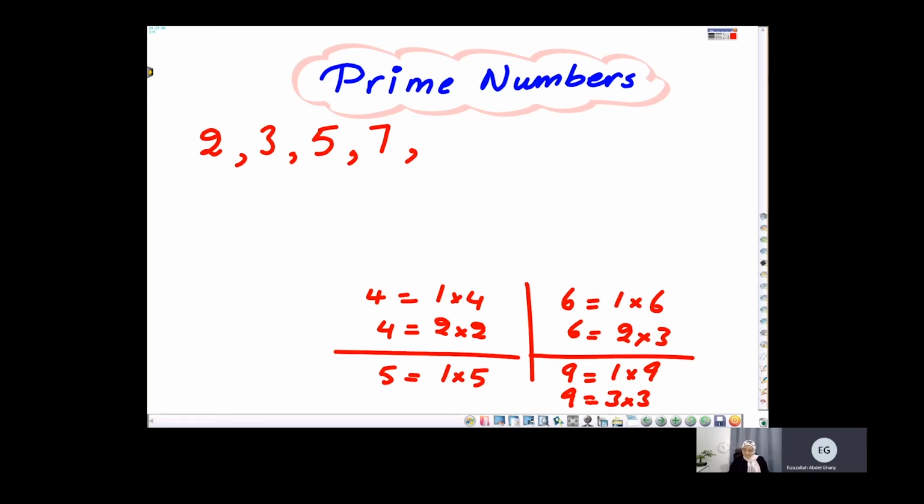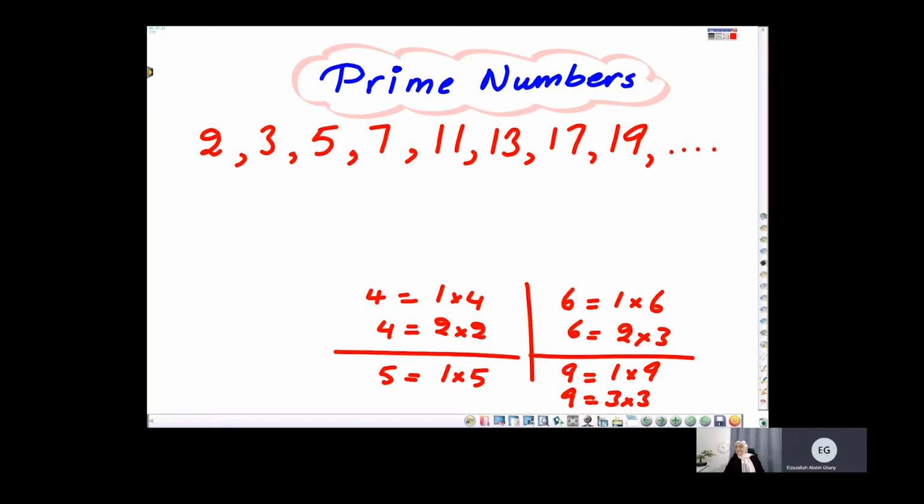1 and itself. 2, 3, 5, 7, 11, 13, 17, 19, and a lot coming afterwards.